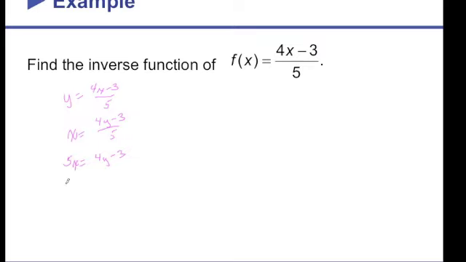I'll add 3 to both sides. 5x plus 3 equals 4y. So y will equal 5x plus 3 over 4, and then I'll do that final step and say f inverse of x is 5x plus 3 over 4.